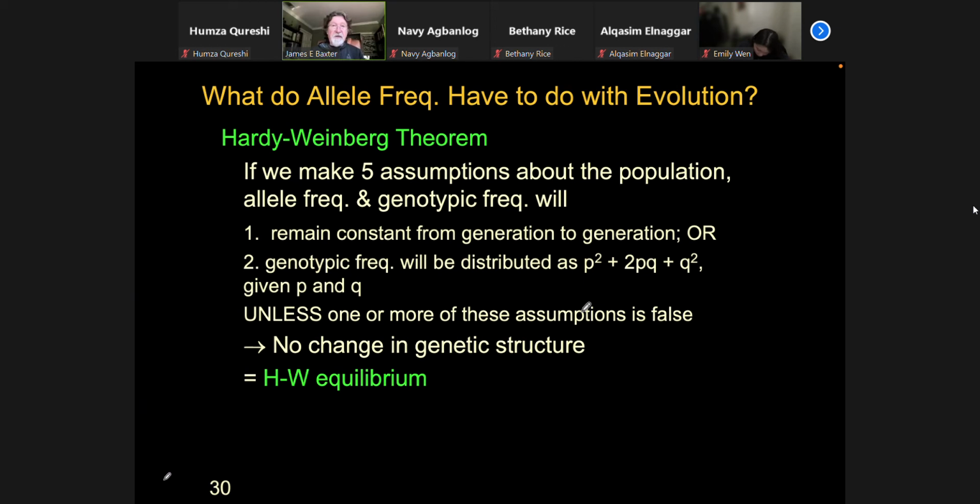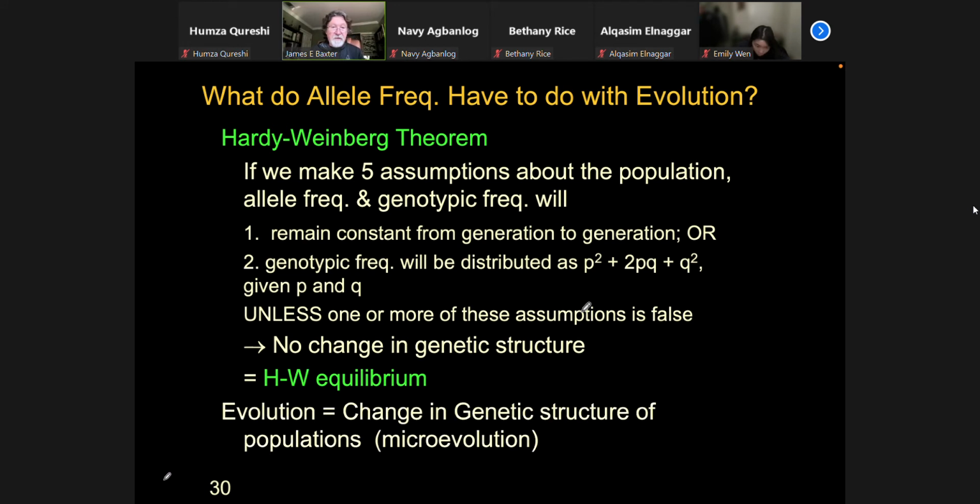And so this particular model gives us a means by which we can measure the rate and changes of evolution at the microevolution level. Okay, so we can define microevolution as a change in the genetic structure of populations. And we can measure that.